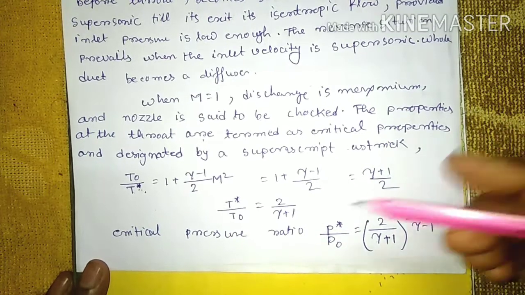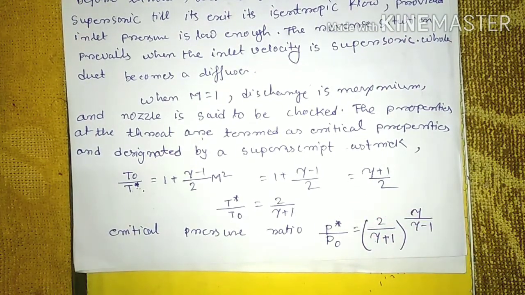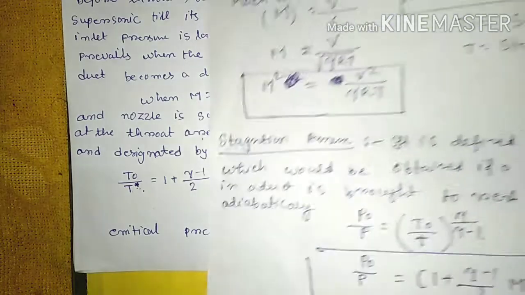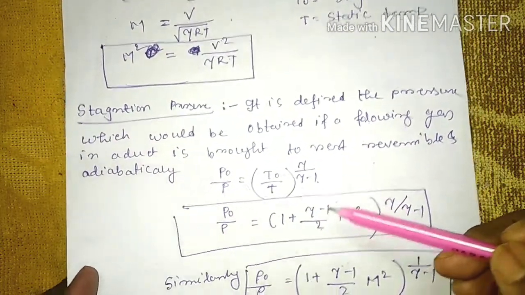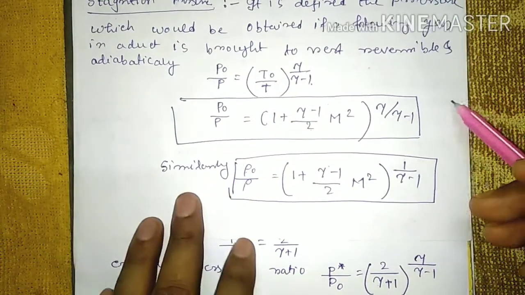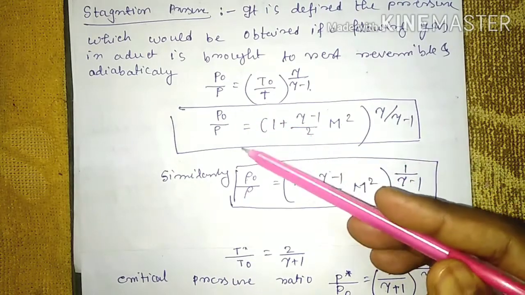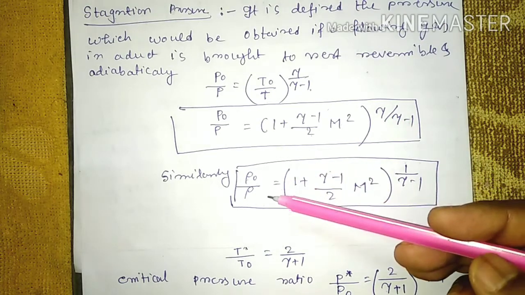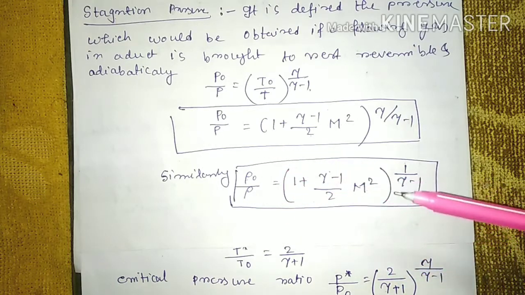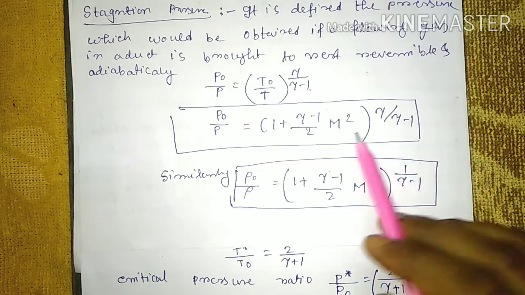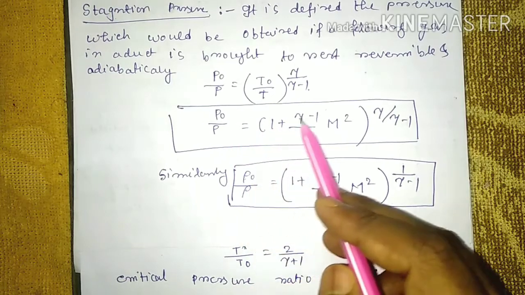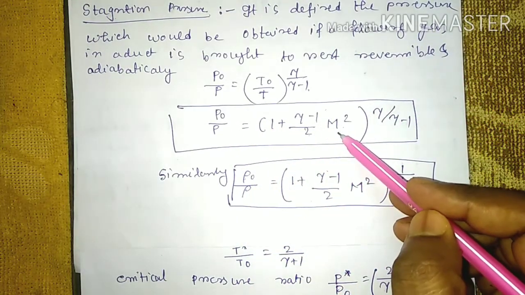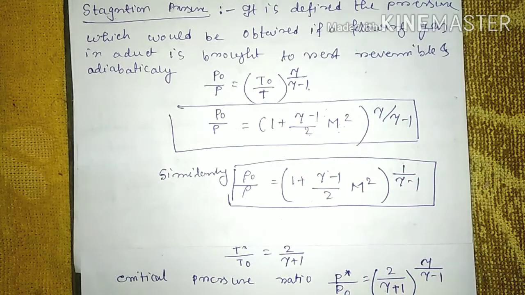Similarly for the critical pressure ratio, you know the relationship between the stagnation properties: P0 by P is equal to 1 plus (gamma minus 1) by 2 into M squared. For the critical pressure ratio, if you put P in terms of P asterisk and M equal to 1, the expression becomes 1 plus (gamma minus 1) by 2.